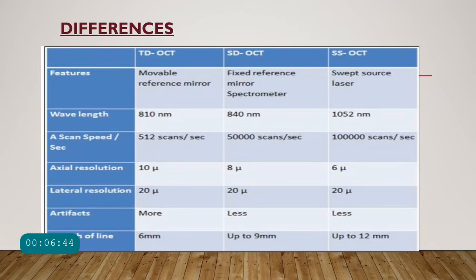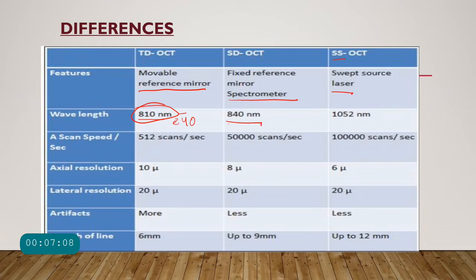So let us see what are the differences between the time domain OCT, the spectral domain OCT, and the swept source OCT. In time domain OCT, as I told you, there's a movable reference mirror. In spectral domain OCT, you have a spectrometer, and in swept source, you have a laser. The wavelength is about 810, which keeps on varying in different books, so 810 to 840.